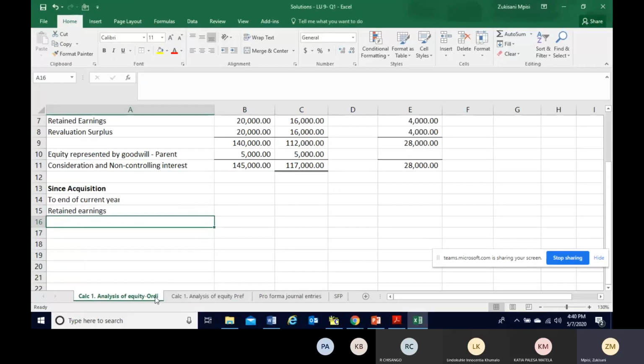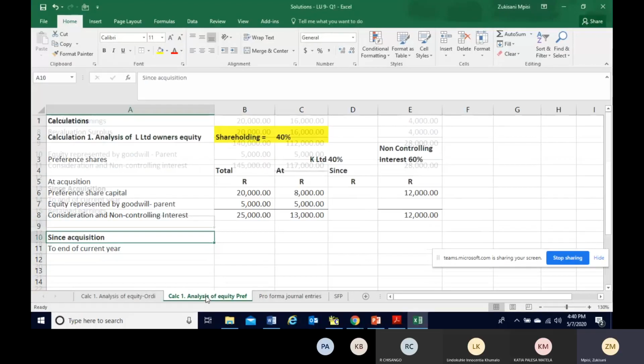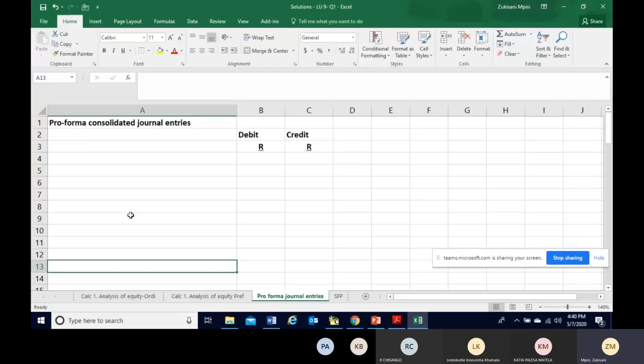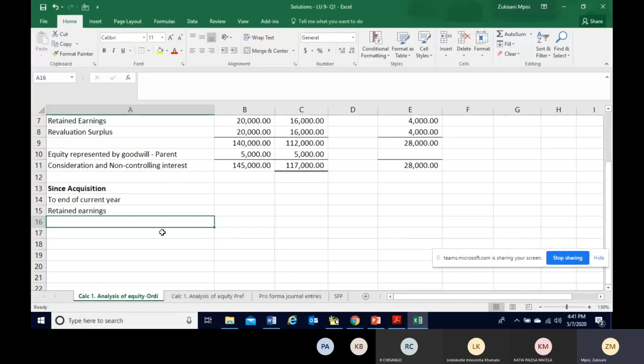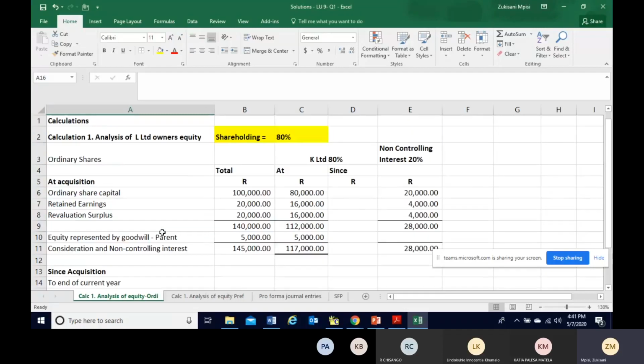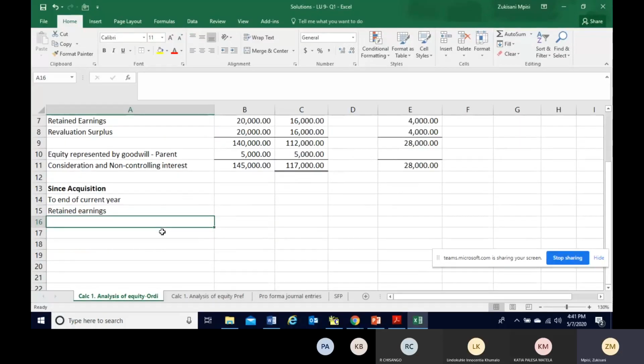We have stopped halfway just to get a bit of pro forma journal entries, just to make sure that we understand. Please note, in the interest of time, if you are not asked to do pro forma journal entries, don't do them. Just do the calculation. So I'm just helping you here to follow the calculations. But for any future requirements, maybe let us not do pro forma journal entries. Let's do them after we have done the analysis of equity, just to help you with the approach.